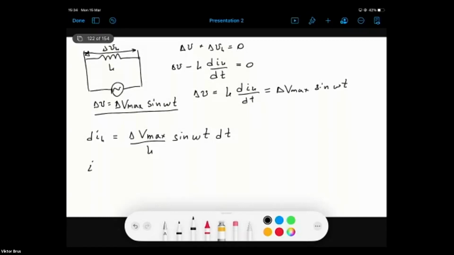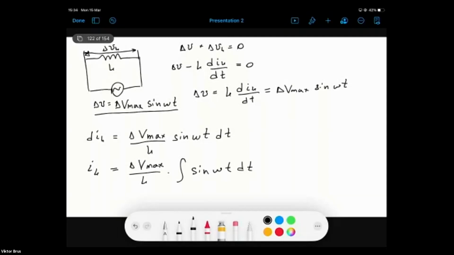And so here IL is equal to delta V maximum and L, these are constants, so we put them in front of the integral, over L times the integral of sine omega t dt.